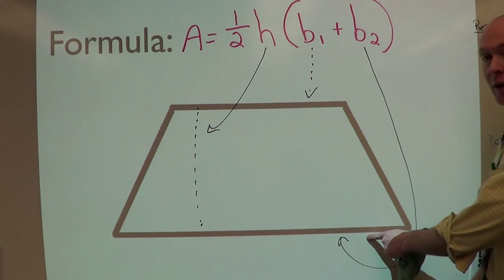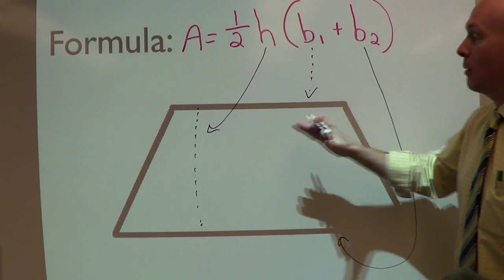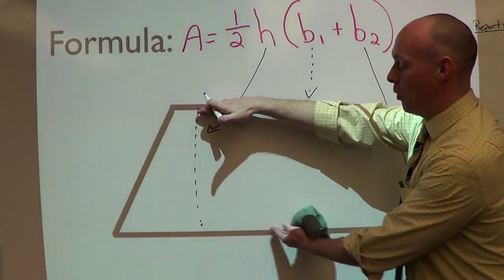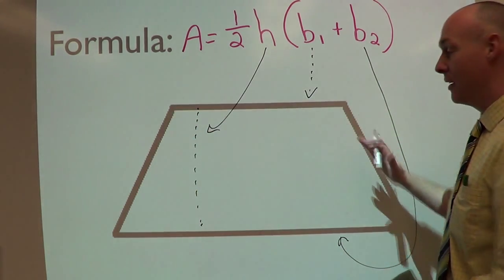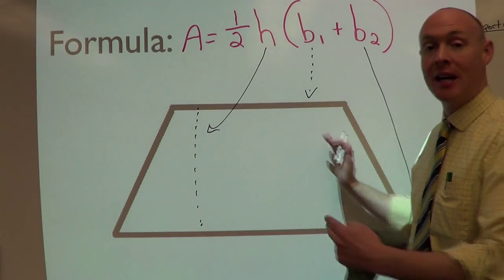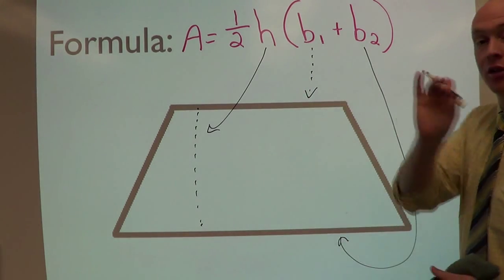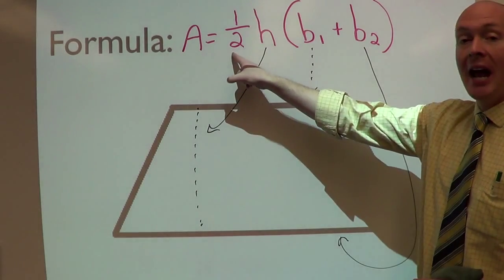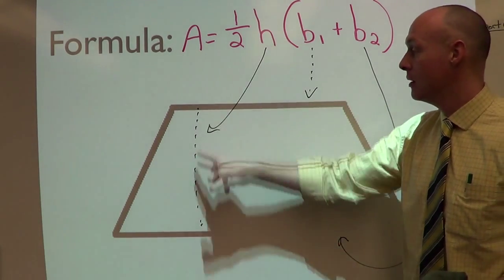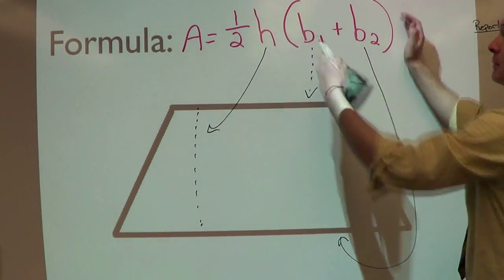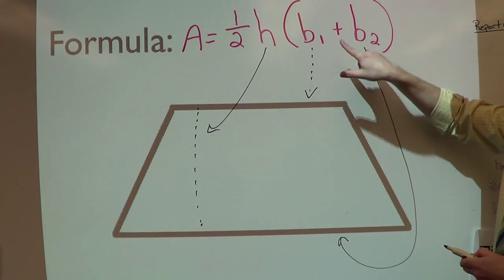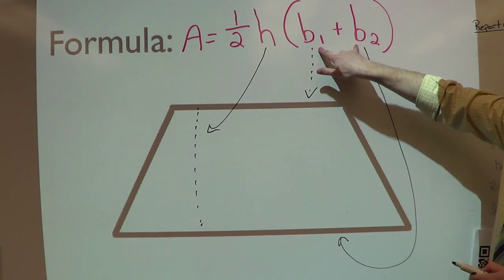And B2 is right there. Notice how with the trapezoids, there are only two parallel sides. These two would be intersecting if they continued. So, just to summarize, 1/2 times the height times base 1 plus base 2.